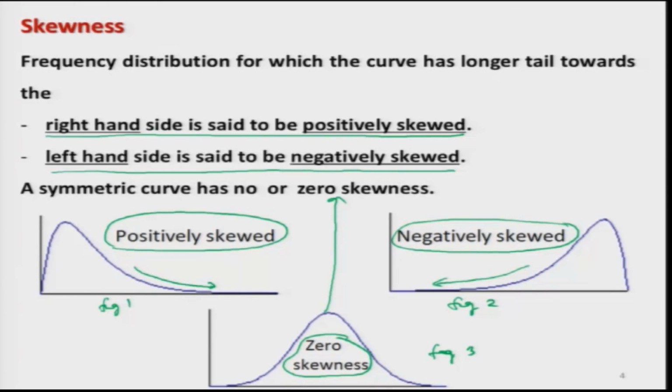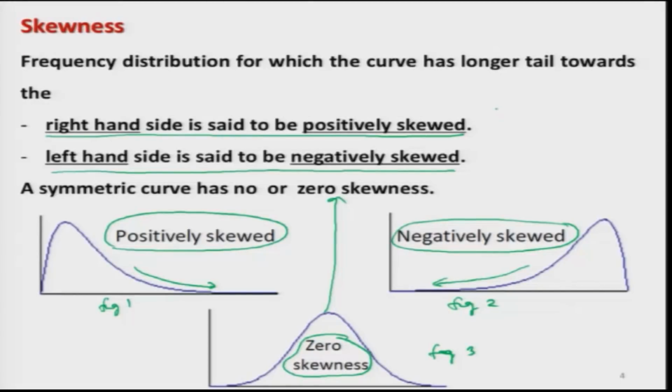When we want to discuss the property of skewness, we try to write whether the frequency curve is positively skewed, negatively skewed or symmetric. And this is how we try to express the finding from the data. But definitely there will be one thing.